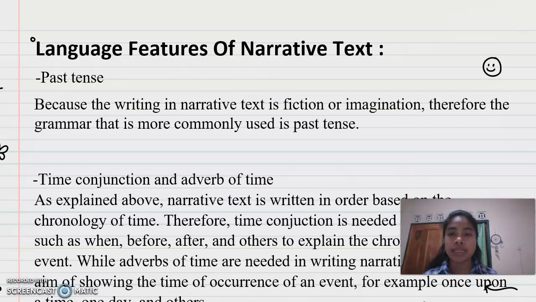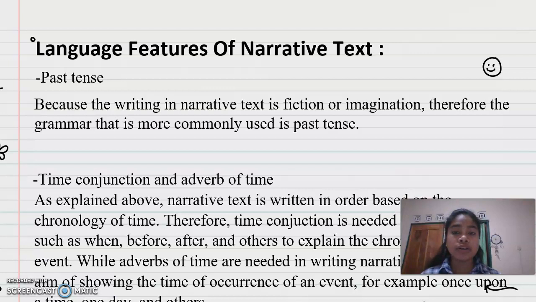Next is the language feature of narrative text. First is in narrative text, the language feature is use past tense. Why the narrative text use past tense?